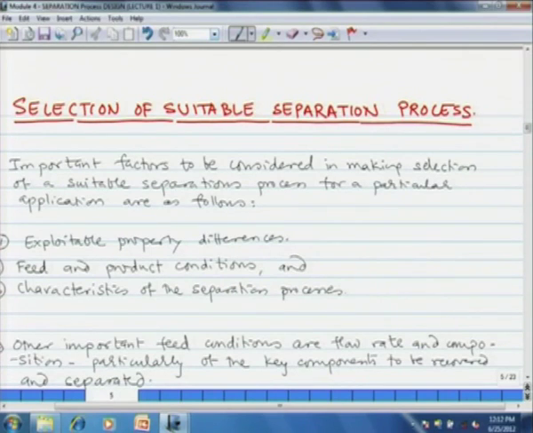What criteria we have to use for selection of the process to separate the same reactor effluent. The important factors to be considered in making selection of the suitable separation process for a particular application are: first, the exploitable property difference, whether it is physical property or chemical property, then the feed and product condition, which I just mentioned, that what is the volume of the feed, what is the phase of the feed, and what are the number of products that are present in the reactor effluent, then the characteristics of the separation process.